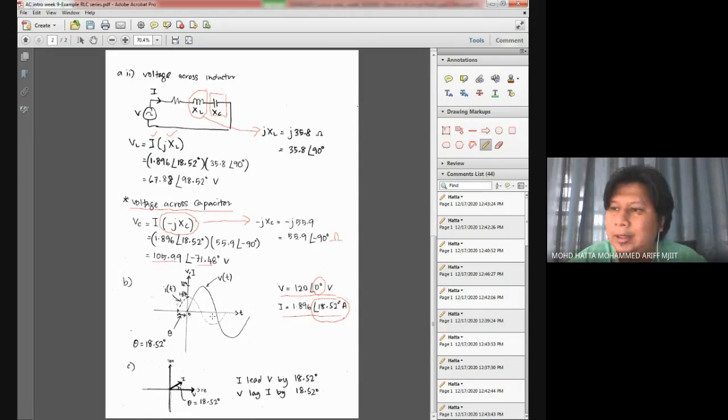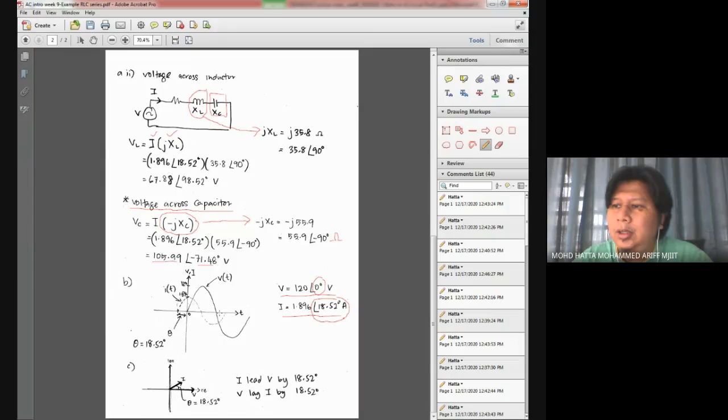Although the scale here may not be consistent, as long as you label the maximum value of your waveform, that should be fine.